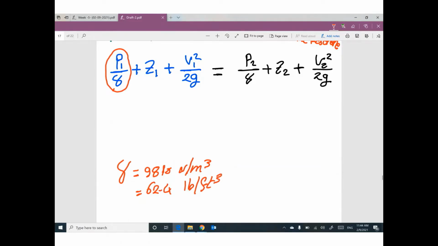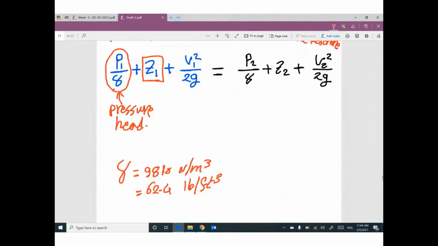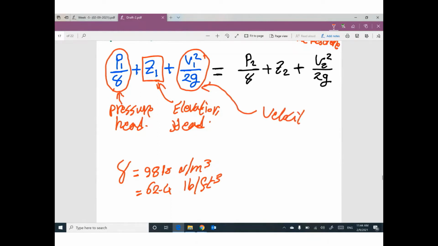So this term, P1 divided by gamma, can be called pressure head. Z1 can be called elevation head. V1 squared divided by 2G can be called velocity head.